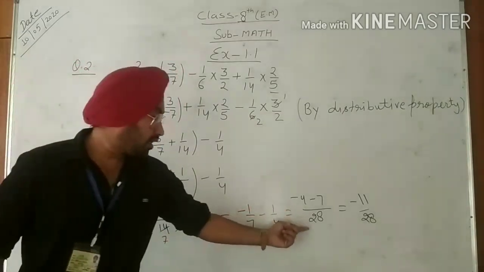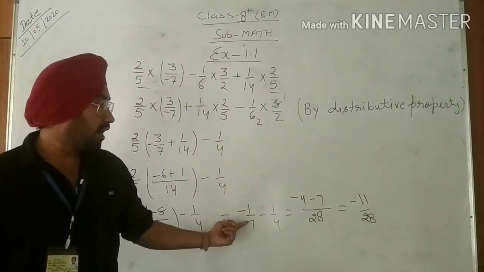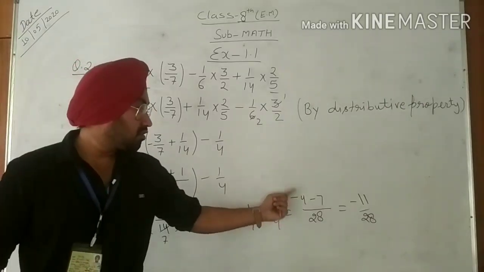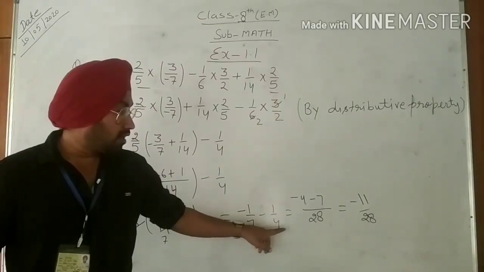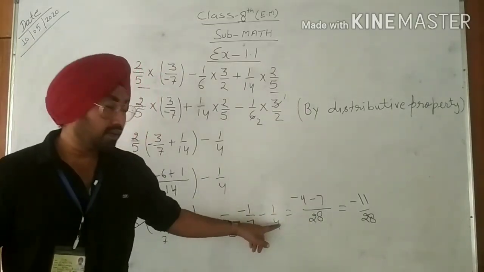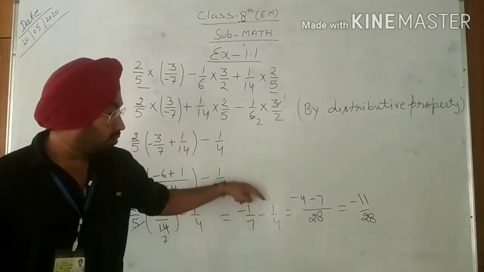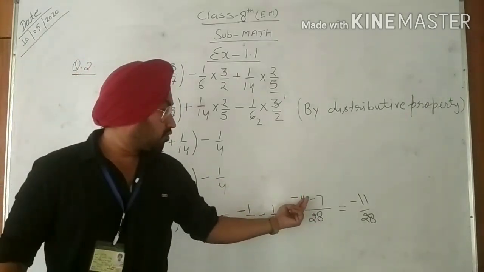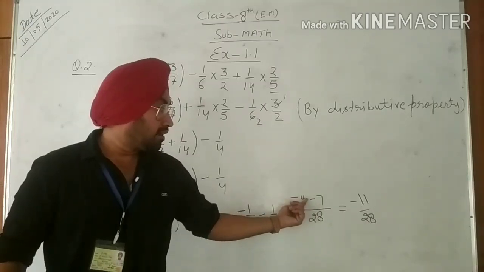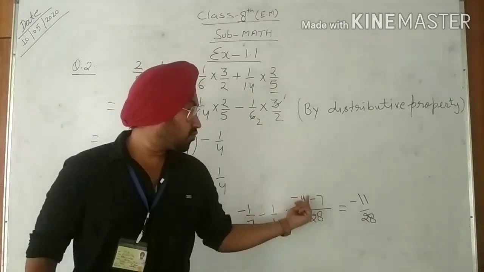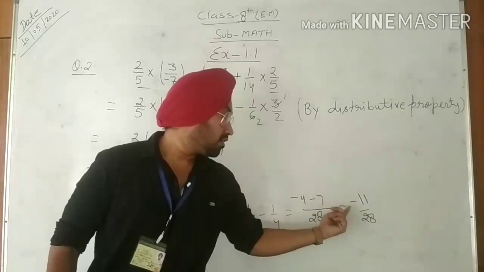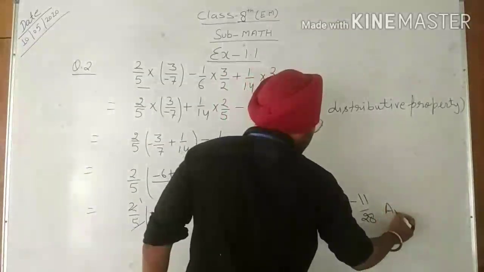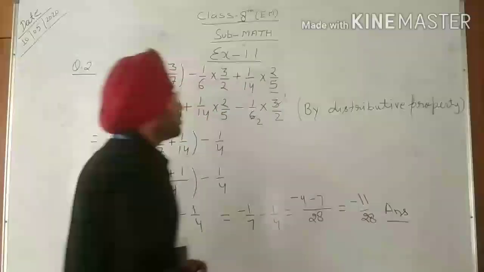When we divide 28 by 7, we get 4, and 4 is multiplied by minus 1, it becomes minus 4. When 28 is divided by 4, we get 7, and 7 is multiplied by minus 1, then we get minus 7. Here both numbers, minus 4 and minus 7, are added. So it becomes minus 11 upon 28. So here is the answer of question number 2.